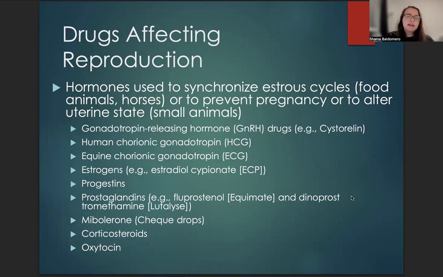We also use, again, some of these different hormones after or during the labor process for animals to help induce labor, to help it go along. Also for afterwards. For example, retained placenta is a common, it's not necessarily dystocia, but it is a common medical occurrence that can happen after birth where the placenta does not want to come out on its own.